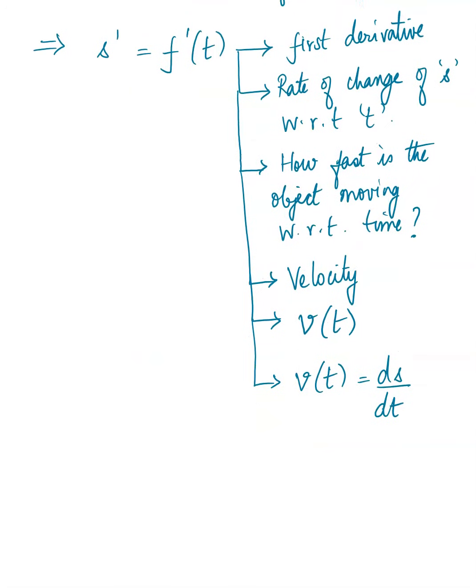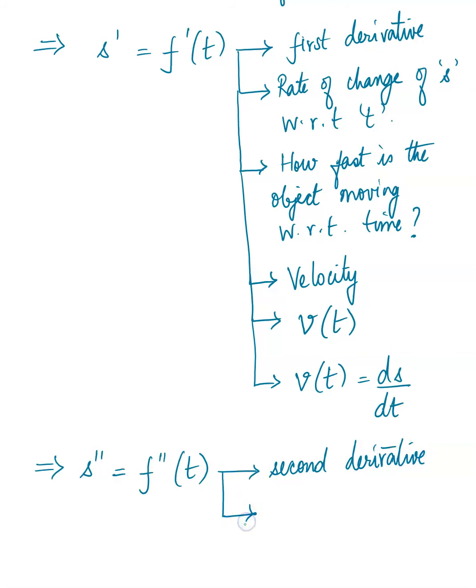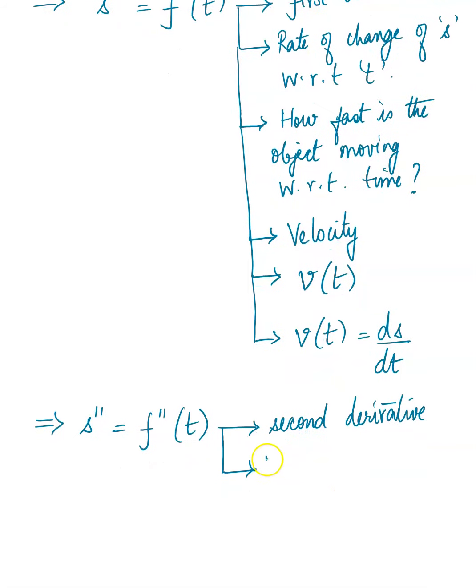So you can make a number of relations from here. How does it behave if I went for the second derivative? S double prime, which will be f double prime of t. That will be the second derivative. And we know that we are taking the derivative of velocity, because the first derivative was velocity.